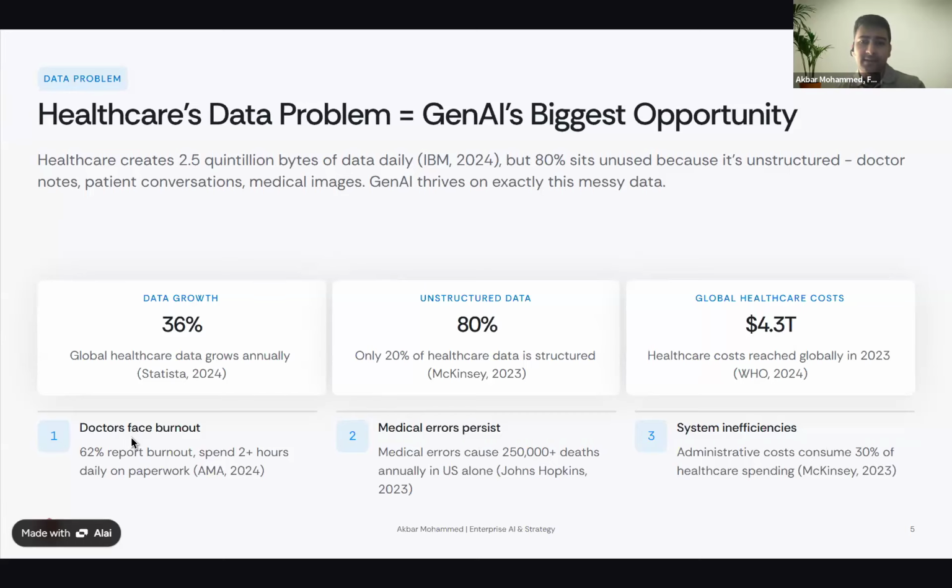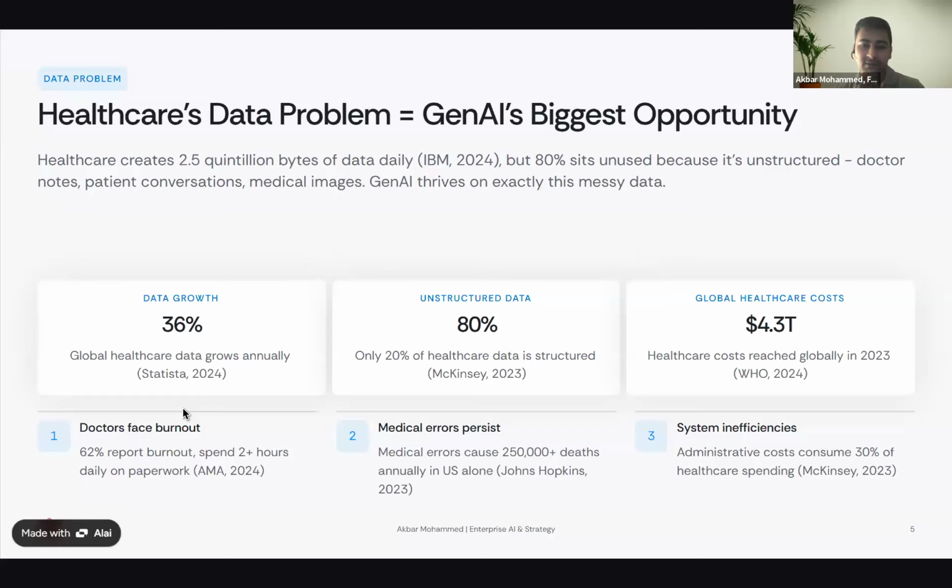Some of the challenges that AI is tackling are things like doctors facing burnout. How do I reduce the cognitive load of doctors? Doctors not only interact with patients, but they also have to do a lot of administrative tasks. I'll talk about some of those small solutions that AI is helping with, so that doctors can do more of the diagnostics and the actual clinical and medical work rather than doing administrative work.